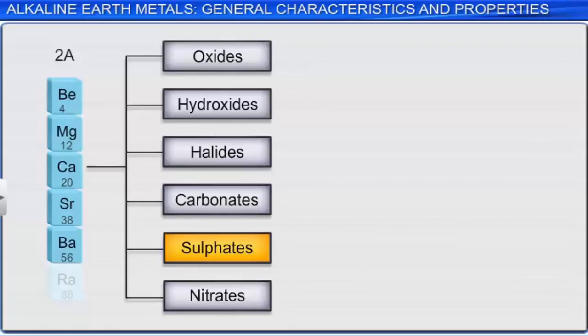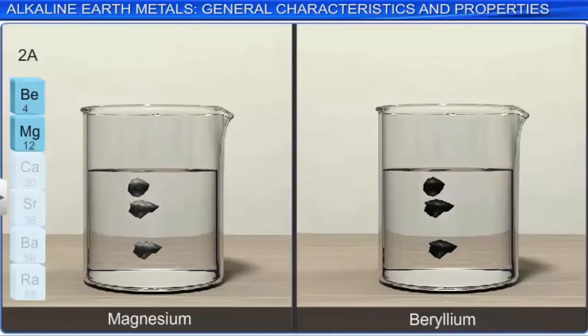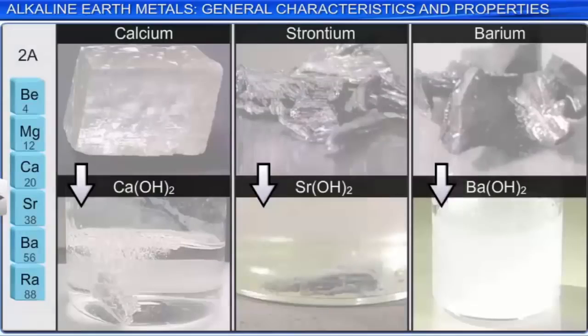Magnesium and beryllium do not react with water, because both the metals form an oxide layer on their surfaces. Calcium, strontium, and barium all react with water at normal temperature to form hydroxides.